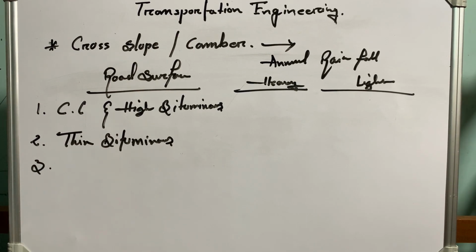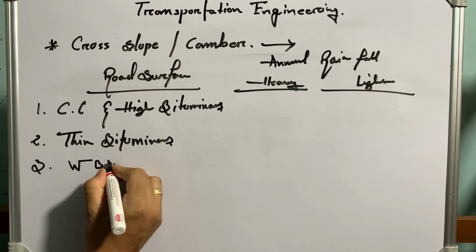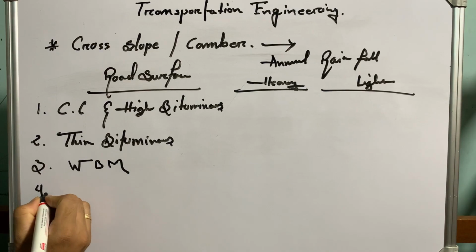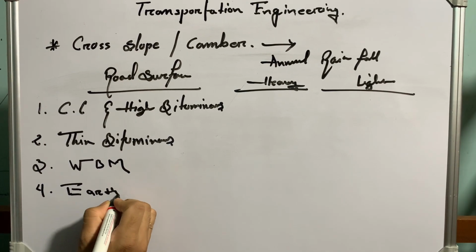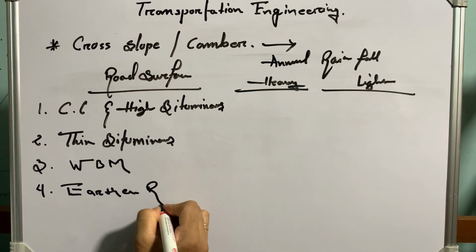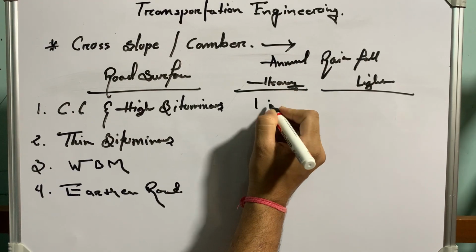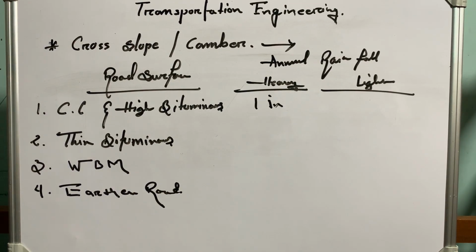The second one is thin bituminous, meaning the layer of bitumen will be thin. Then WBM, which means water bound macadam. Then earthen road. There are four types of road surfaces. Now we will know the slope for different surfaces.